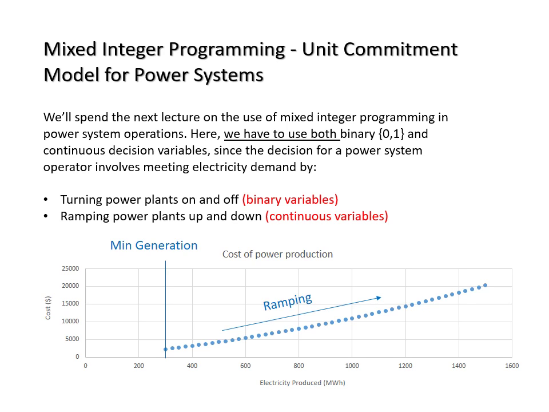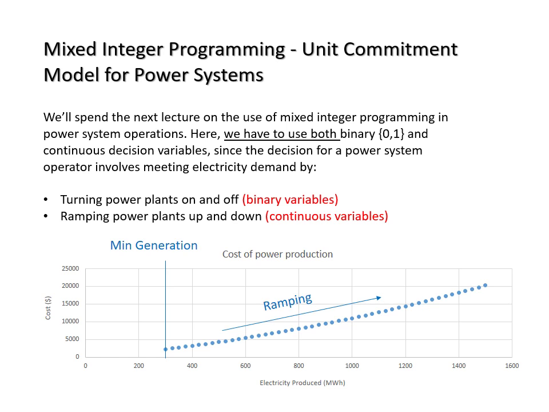And so the primary use of binary variables in unit commitment models is to turn power plants on and off. And then we use continuous variables to model how much electricity power plants produce once they're turned on. And so that's what this figure at the bottom is supposed to show.